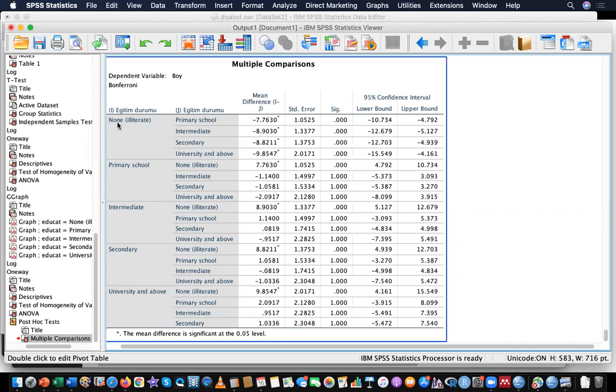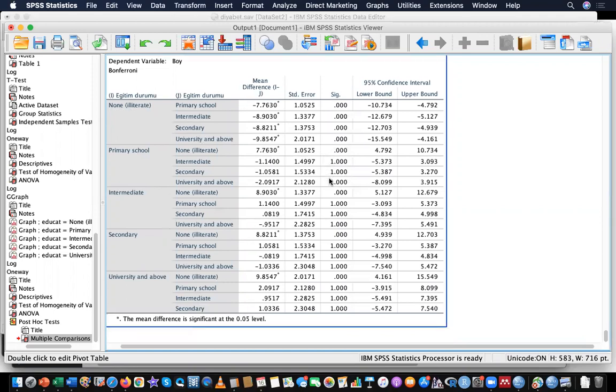As you see, between no educated and primary school there is a significant difference. No educated and intermediate, there is a significant difference. And there is a significant difference between all other categories and no educated. But in between the other categories, there is no significant difference.